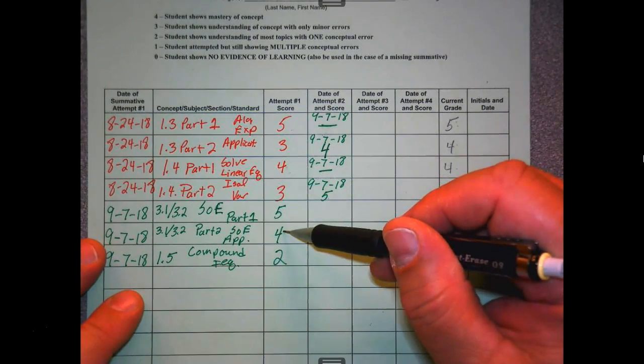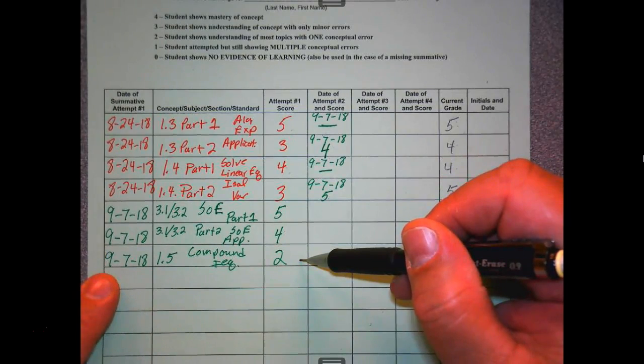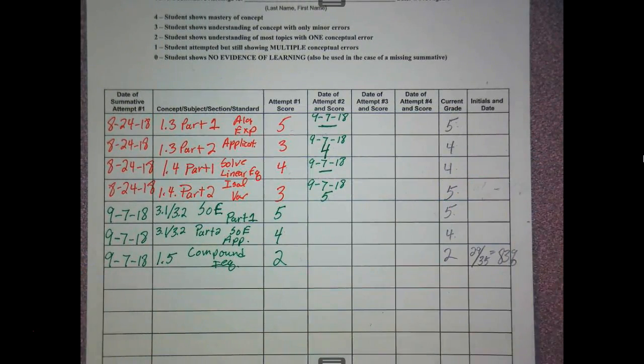I consider that mastered. So the only one I really have to concentrate on tomorrow's quiz, if it's on there, is 1.5. I'm not going to waste my time with the other parts of the quiz. That's why it's important to keep track of this green grading sheet.